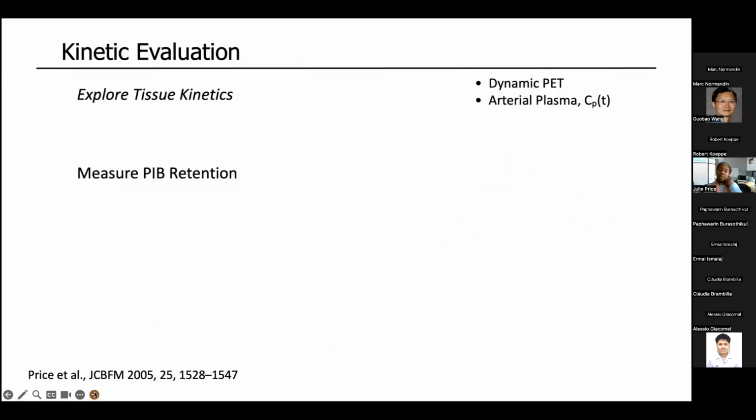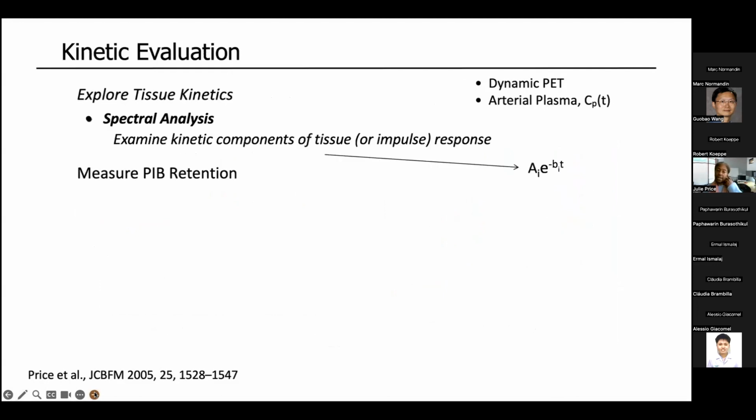So what we proceeded to do was explore the tissue kinetics. We started with spectral analysis to examine the kinetic components of the tissue impulse response, not assuming any model configuration.